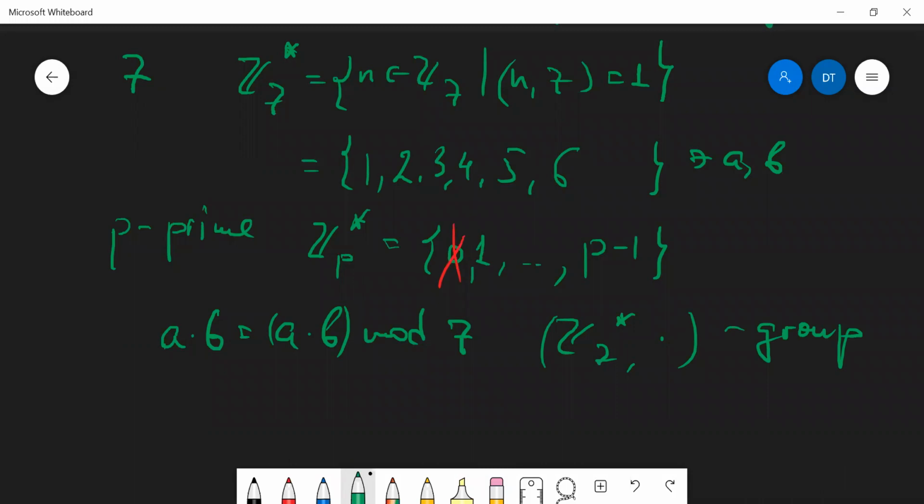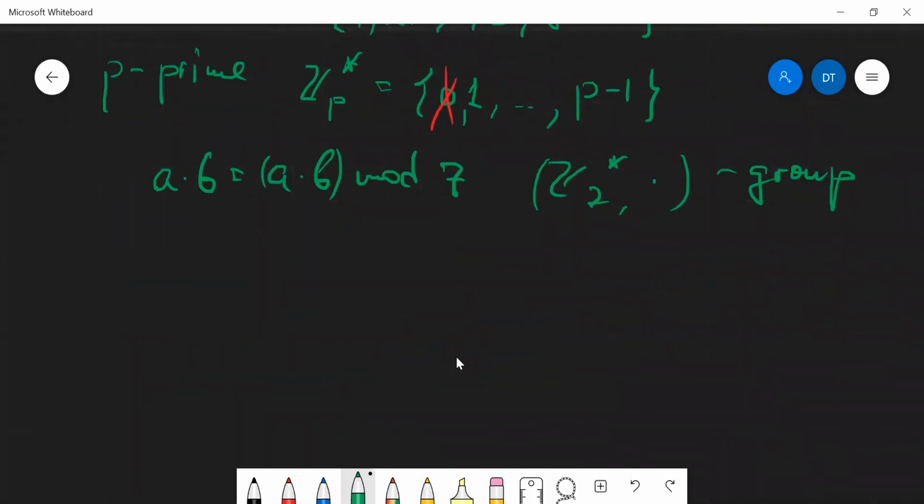What is the neutral element of this group? Okay, 1. Now we have these elements 2, 3, 4, 5, 6. Please find me the inverse elements.